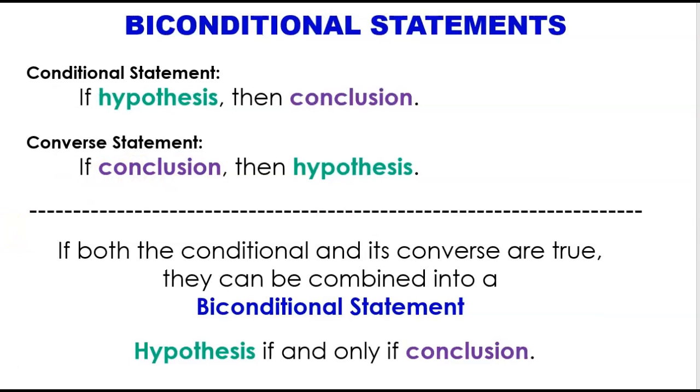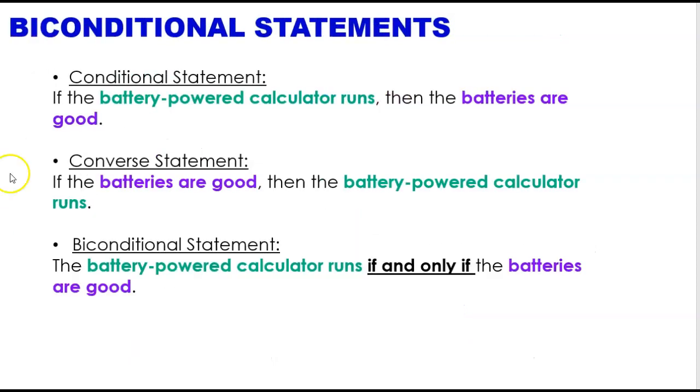Let's look at an example. So for this one here, we have the conditional statement, if the battery-powered calculator runs, then the batteries are good. Okay. The converse says if the batteries are good, then the battery-powered calculator runs. Okay, great.